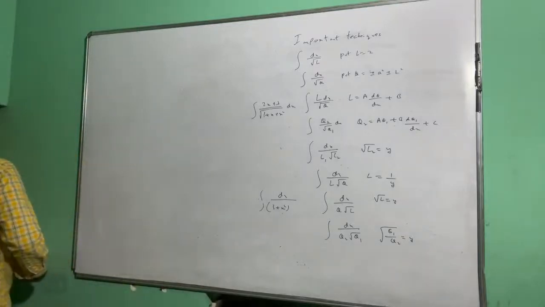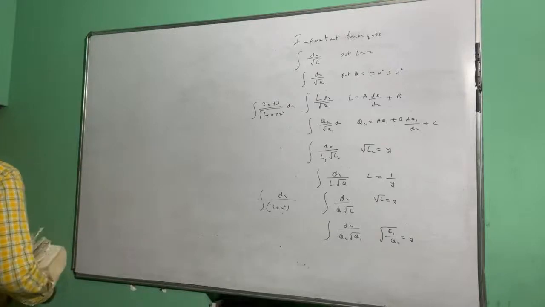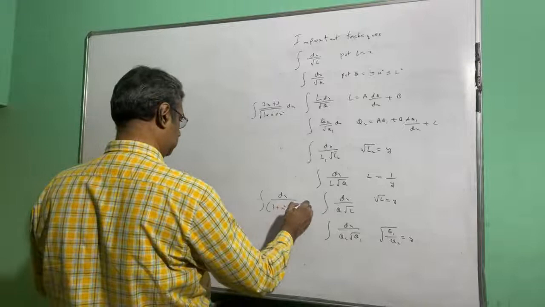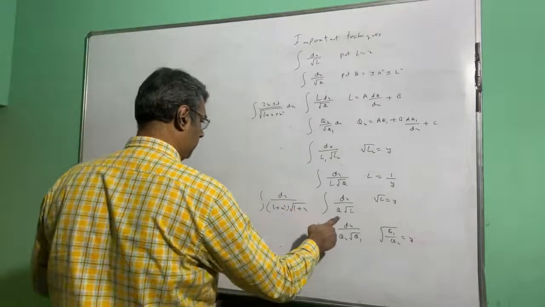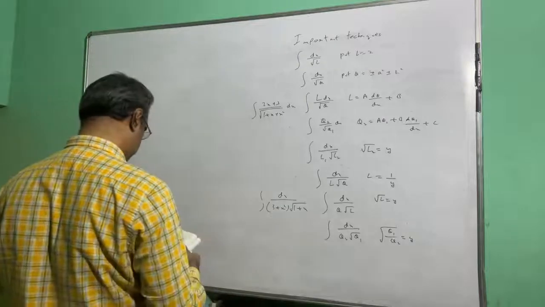Then dx by quadratic root linear is an example: 3 plus x square root 1 plus x.